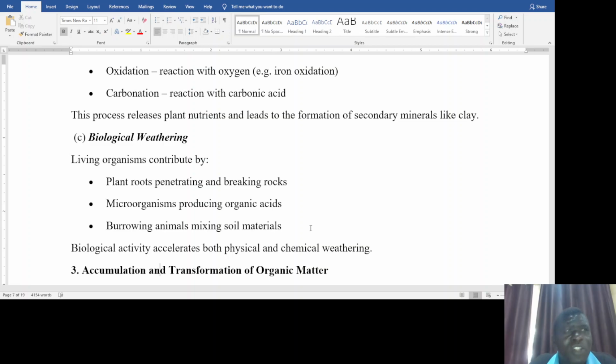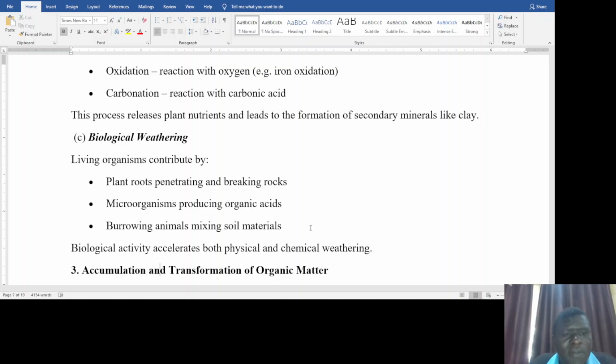Plants, by virtue of their root penetration, lead to considerable weakening of the rock structure and breakdown to smaller particles, which increases surface area for other processes to act and lead to soil formation.